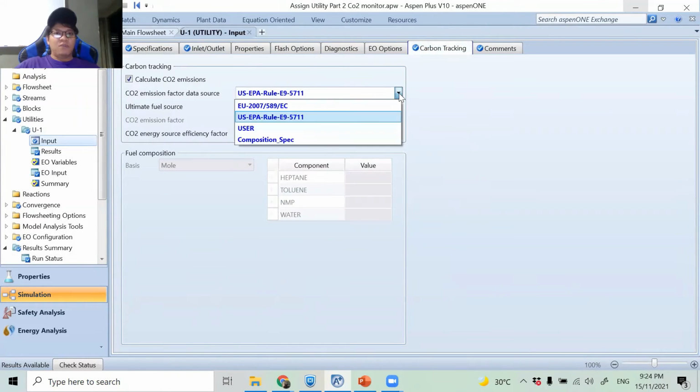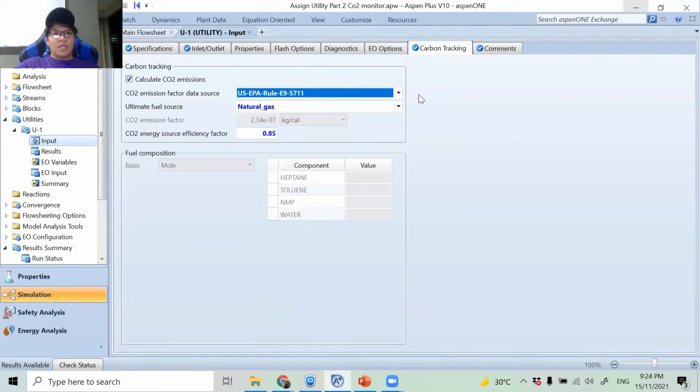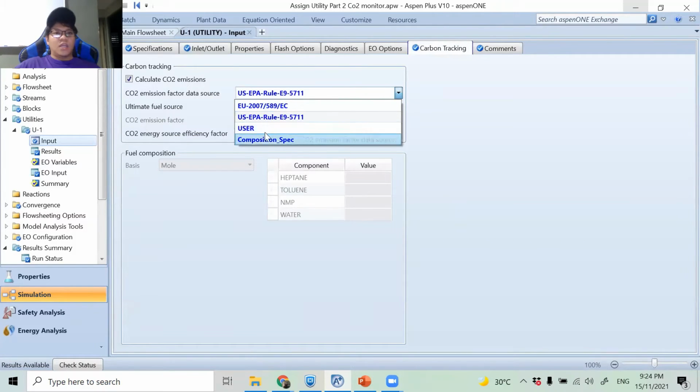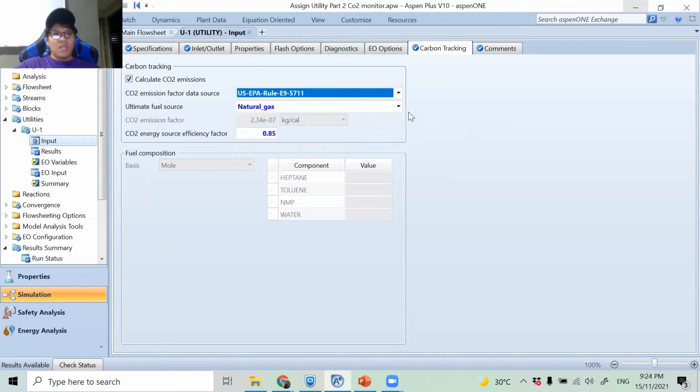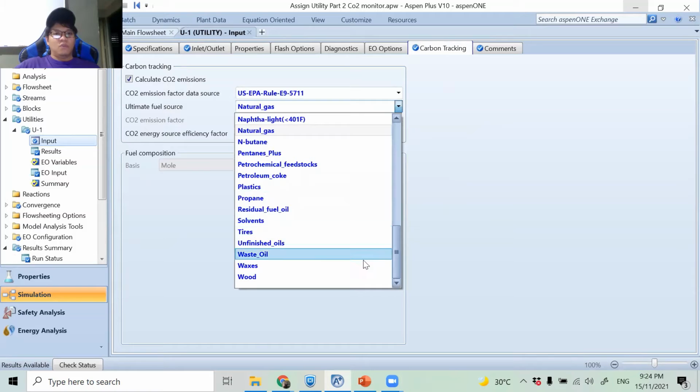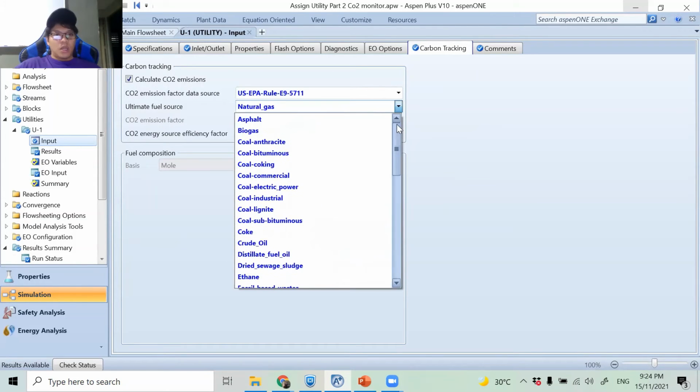As I said, if you click here, you will see there's a user option. I have a European Union data source, and then you have, as I said, user defined data. Fuel source, you have a lot of different fuel sources: wood, waste oil, petroleum coke, coal, biogas, asphalt.